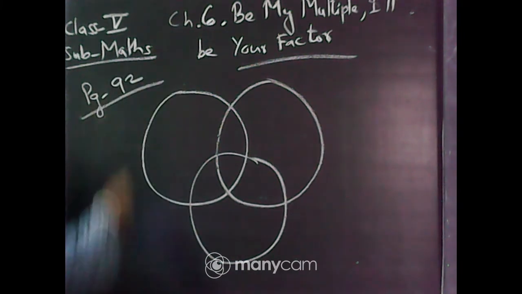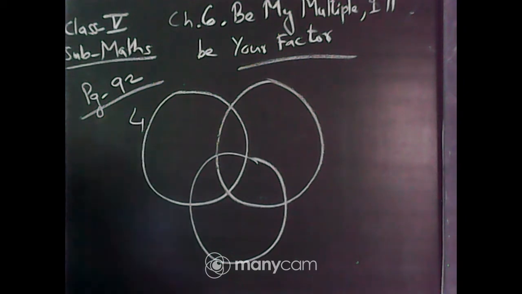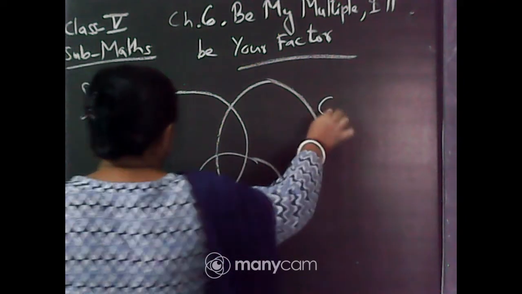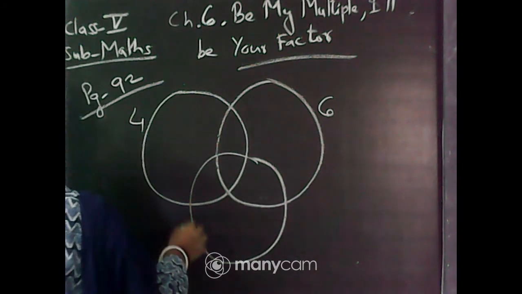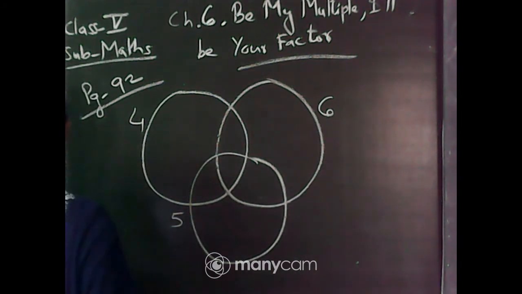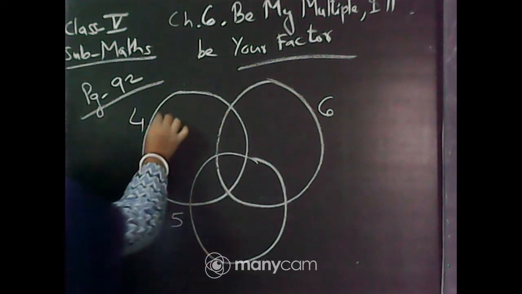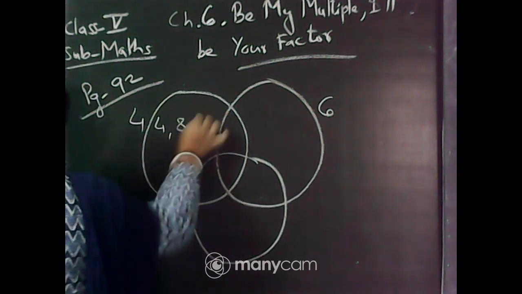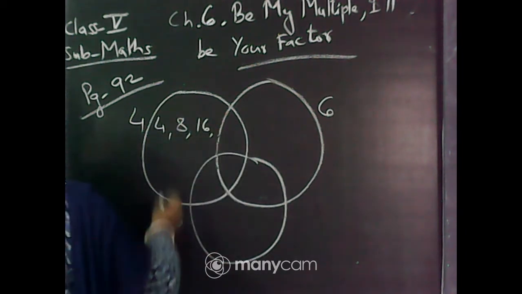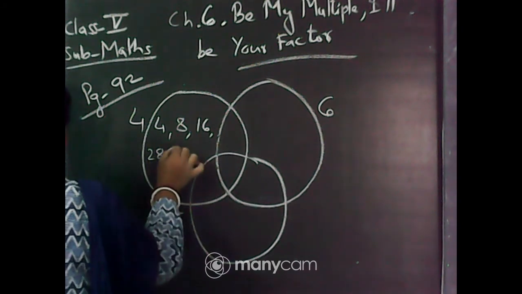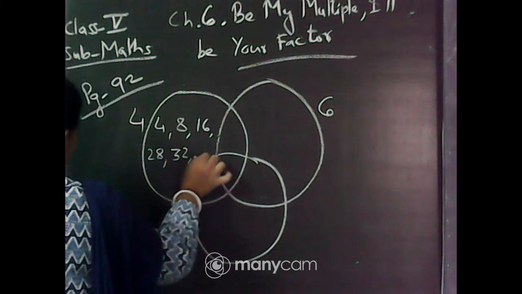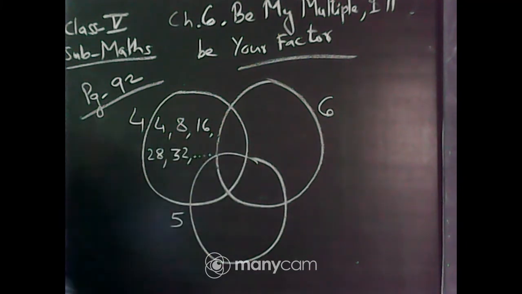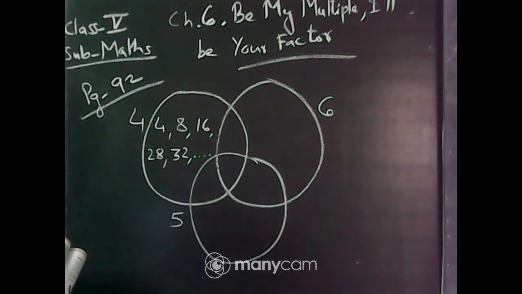In this circle you will write all the multiples of 4. In this circle you will write all the multiples of 6 and in this one all the multiples of 5. So start writing from 4. Suppose I am writing 4, 8, 16, then 28, 32, like this way. I have just given dot dot dot. Some more multiples are also there.